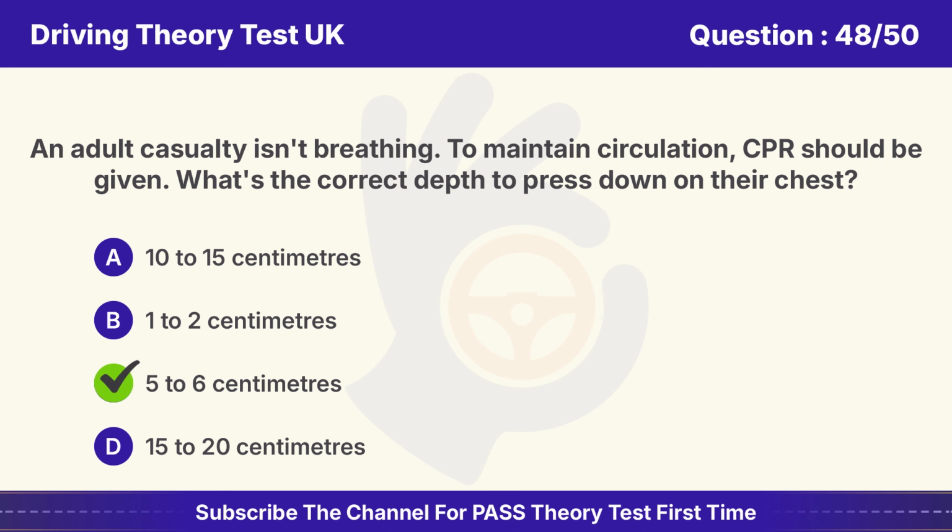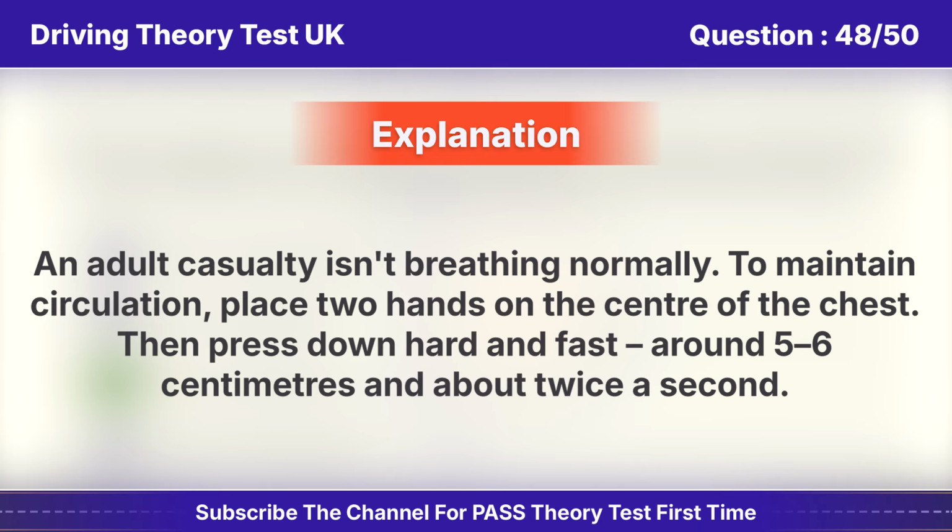Answer is C, 5 to 6 centimeters. An adult casualty isn't breathing normally. To maintain circulation, place 2 hands on the center of the chest. Then press down hard and fast, around 5 to 6 centimeters and about twice a second.